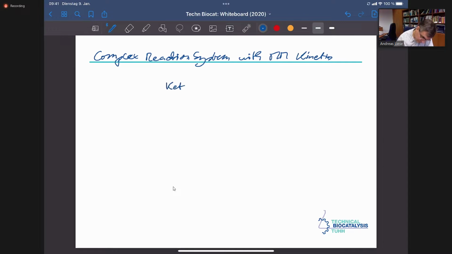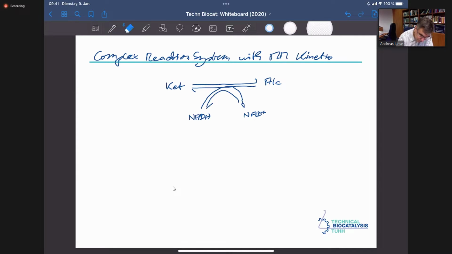We have the ketone, we have the alcohol, we're producing, we have a forward reaction, but we also have a backward reaction. So we are now in equilibrium position, meaning that also if you have the cofactor NADH and NAD plus reaction product, this once again will be forward reaction, but it also will be backward reaction.